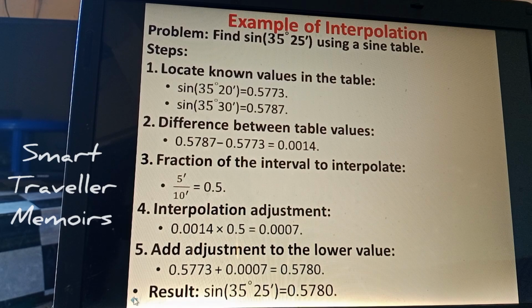That is 20 minutes and 25 minutes. All right? And then the denominator, 10 minutes, is the difference between those two intervals, which is 30 minus 20, you get 10 minutes. Okay? It's good to clarify there.